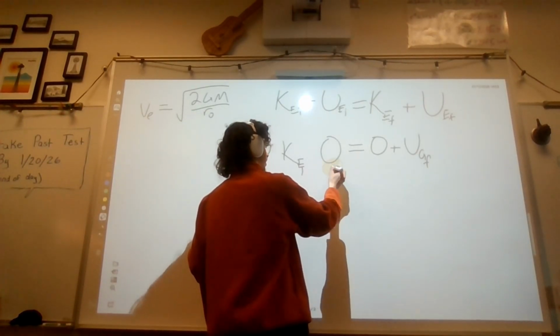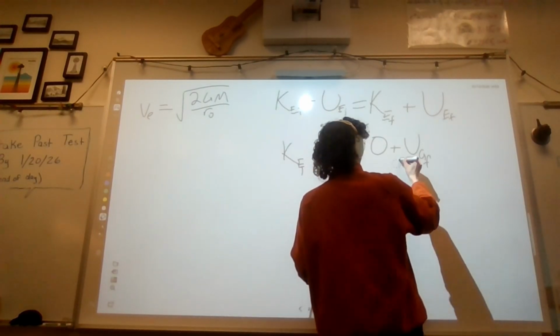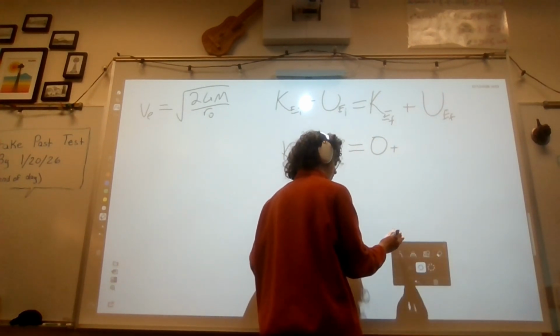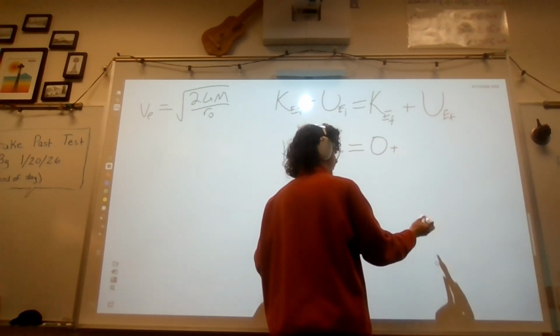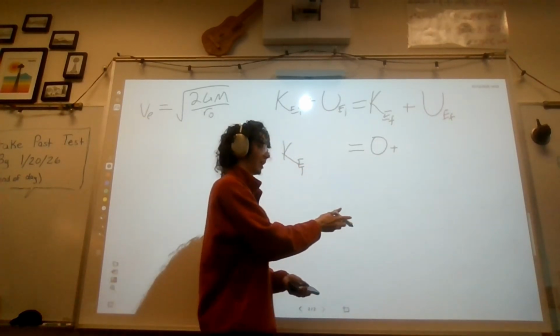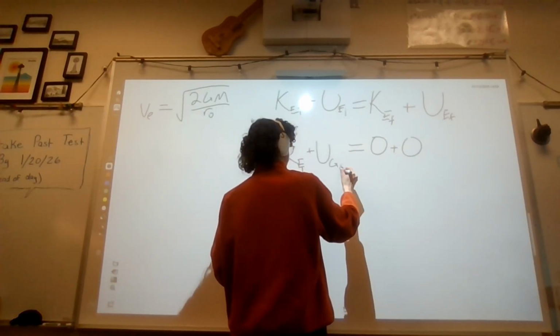I'm sorry, I was mistaken. Okay, cool. And there's no final gravitational energy because if you think about it, you're no longer potentially going to the black hole, so it becomes plus UG initial.